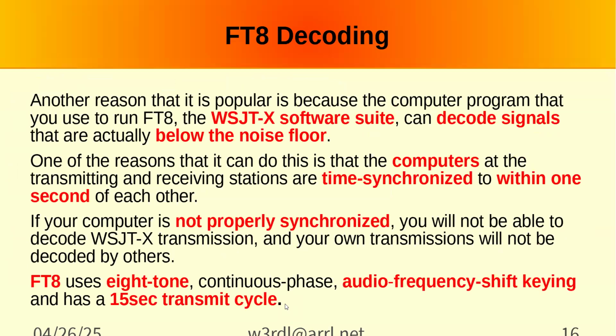The main reason it became popular is you can decode down below the noise floor, so you can make contact with stations all around the world with a crappy antenna and not much power. Things you could never do with SSB. If you're below the noise floor, it's magic.